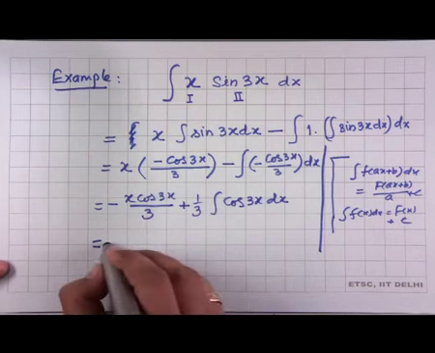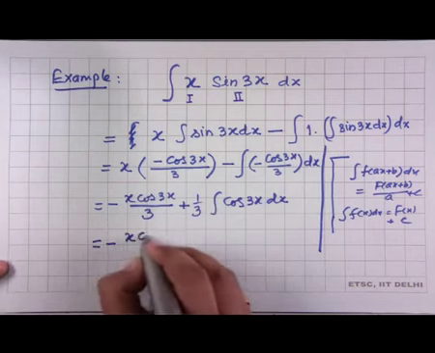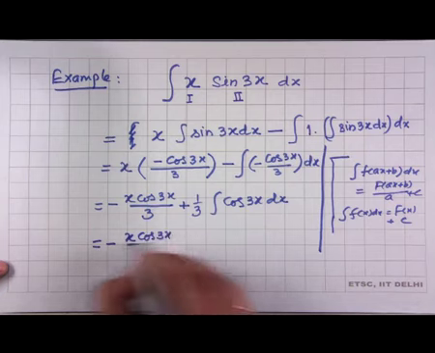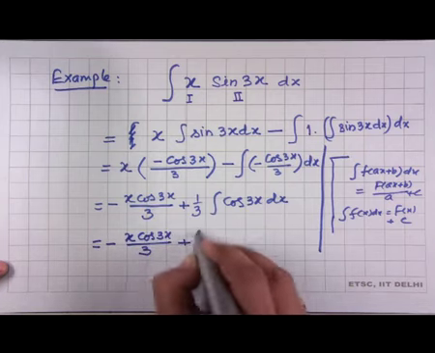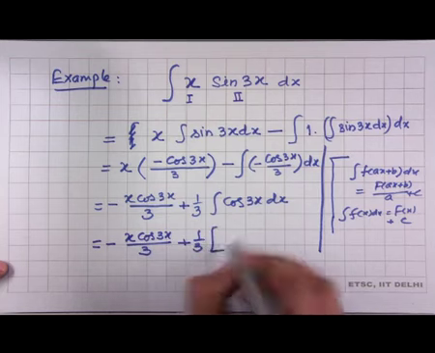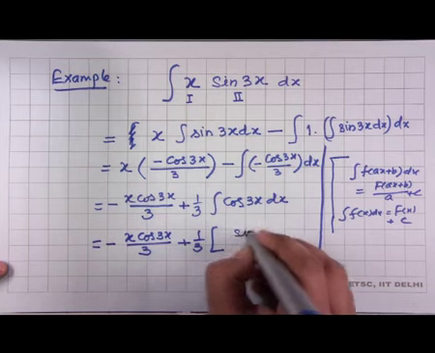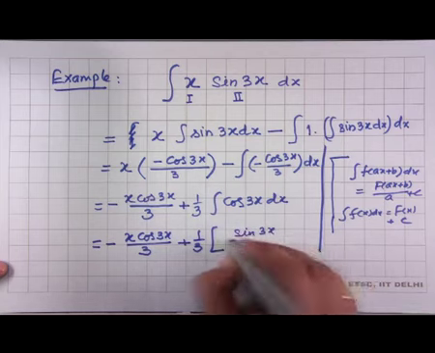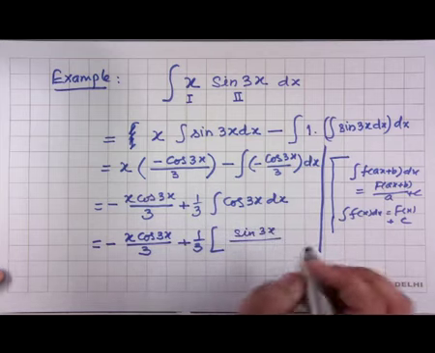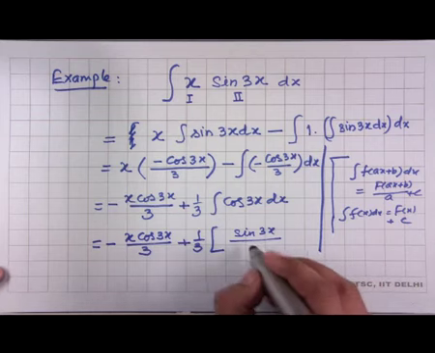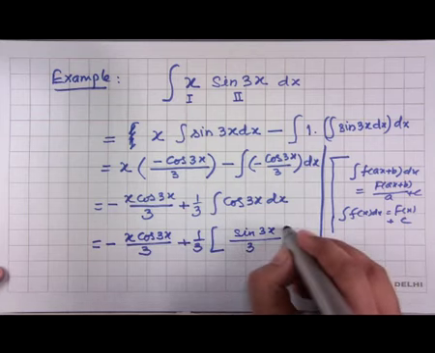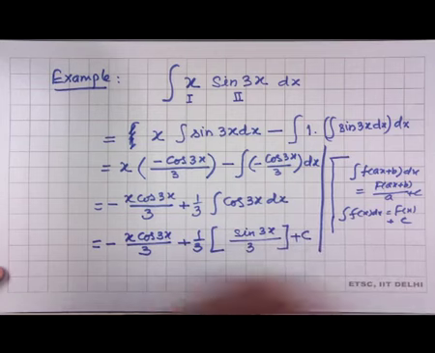So, minus x cos 3x by 3 plus 1 by 3, again integration of cosine 3x. Using the same formula, I know integration of cos x is sin x, and therefore, this becomes sin 3x by 3 plus the constant of integration.